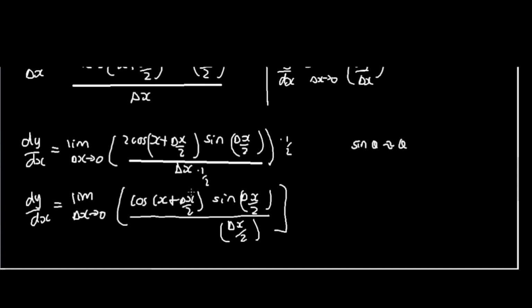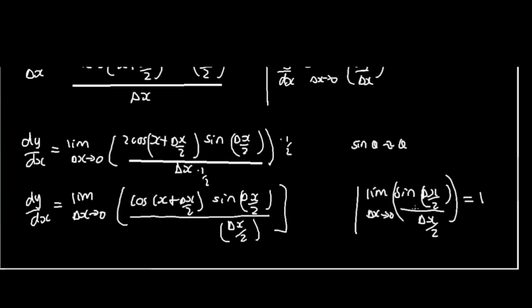When we are taking the limits, we find that the limit of cos of x plus change in x over 2, as this gets much smaller, we shall only remain with cos x. For the limit of sine of change in x over 2 divided by change in x over 2 as change in x approaches 0, the limit of the whole of this expression is 1.